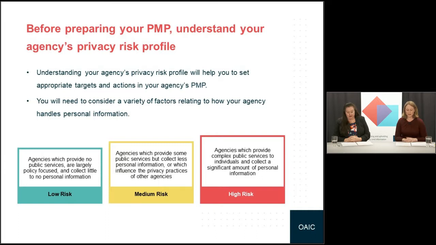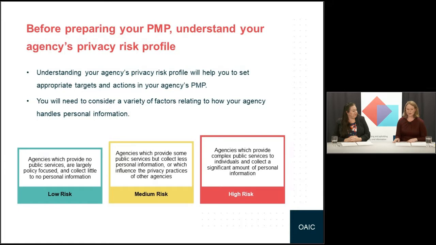At the bottom of this slide, you'll see examples of 3 broad privacy risk profile categories. An agency may have a low privacy risk profile when they handle little personal information, and this information is not sensitive in nature. While an agency that delivers personalised services to individuals, which requires the handling of a significant amount of personal information, may sit at a higher risk level.